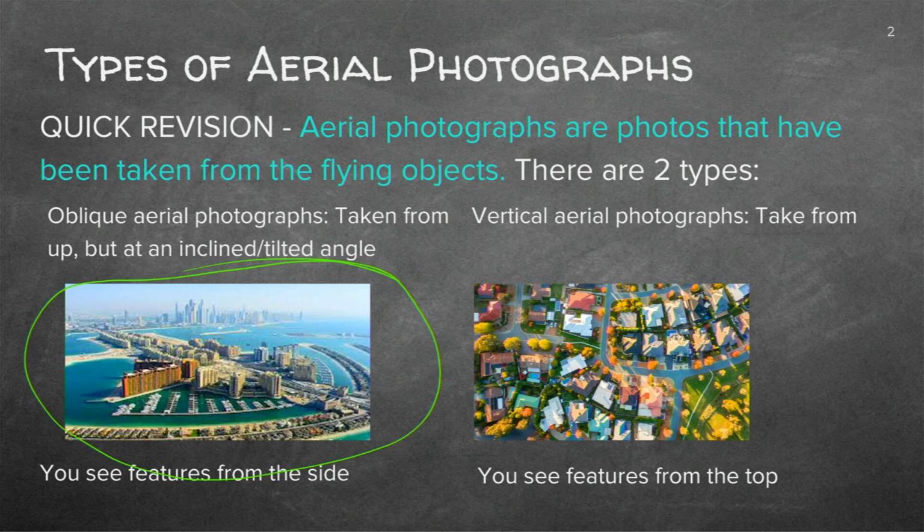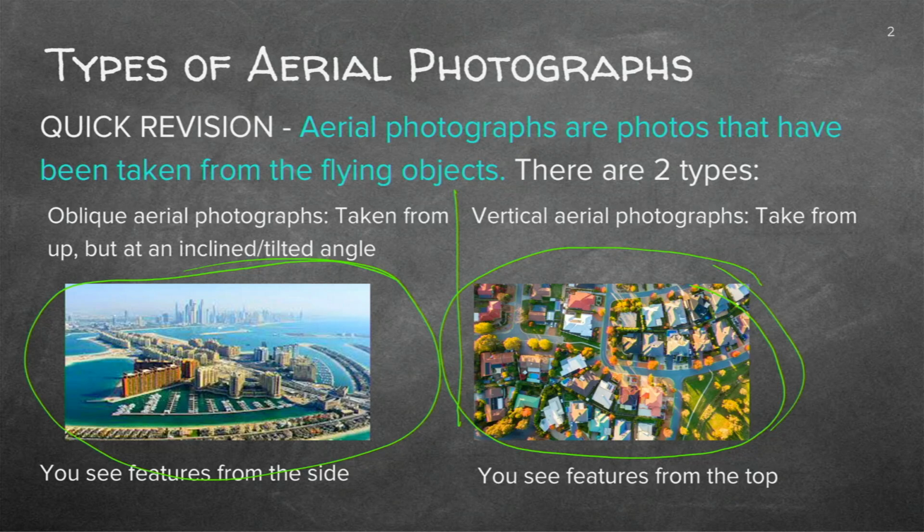camera. And then the other type of aerial photograph is taken at a direct angle to the landform or to the landscape. This direct angle photograph will produce a picture such as this.